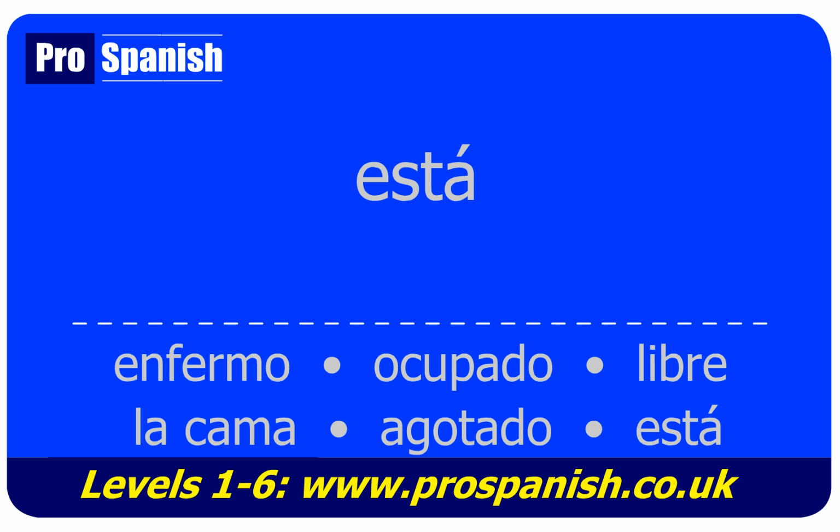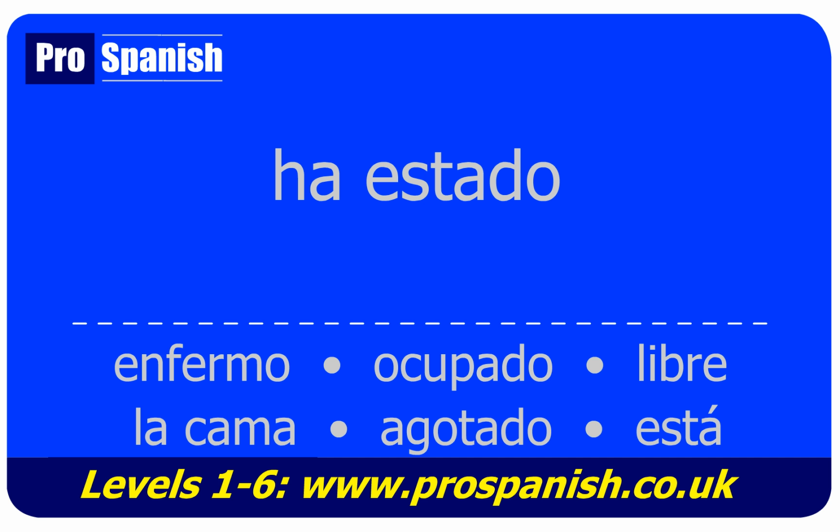And if we want to say he, she, or it has been, and in English we often shorten that to it's been, she's been, he's been. So has been is ha estado. The a is he, she, or it has, and estado is been.